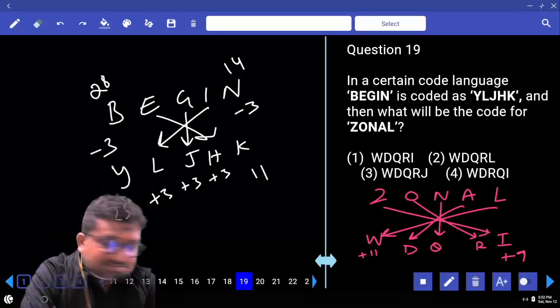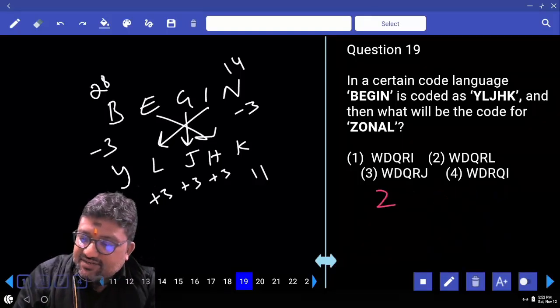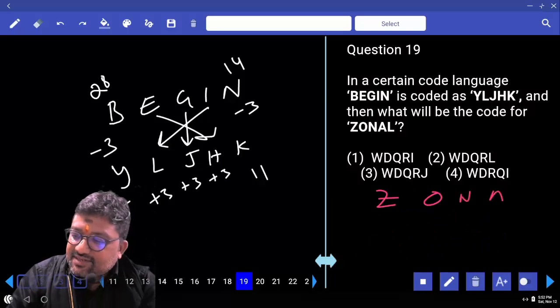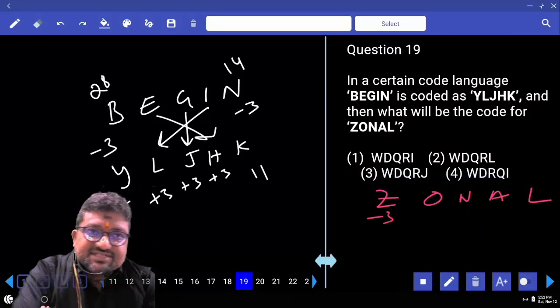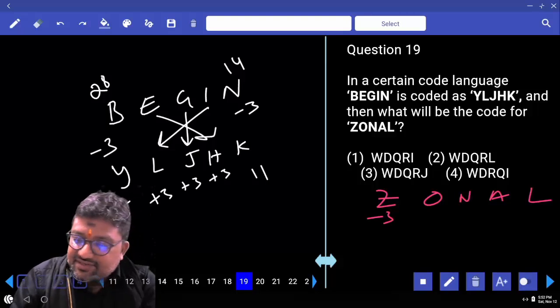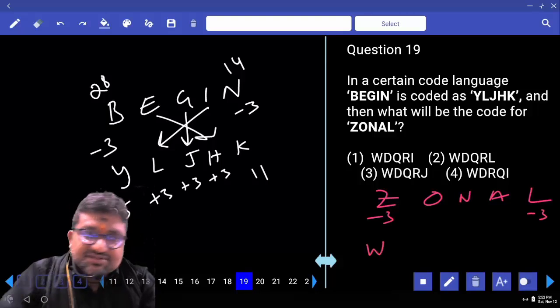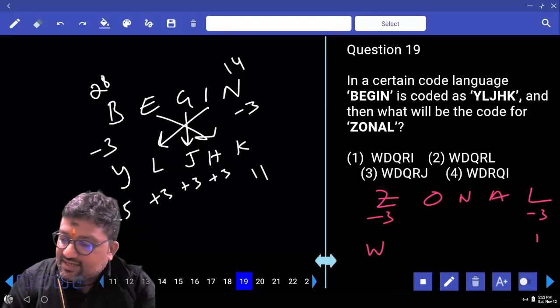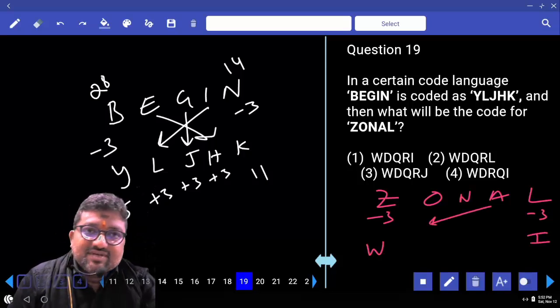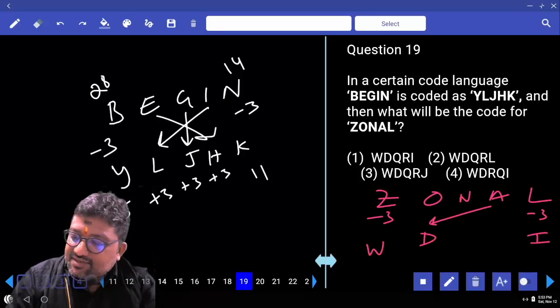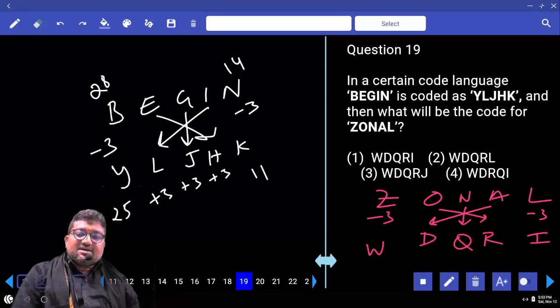Is this clear? Go for the same one, Z O N A L. Z is 26 -3 is 23, W. 12 - 3 is 9, I. Now go for reverse: 1 + 3 is 4, D; 14 + 3 is 17, Q; 15 + 3 is 18, R. W D Q R I. Which option?